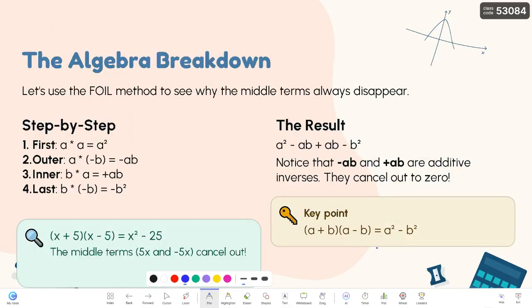Here is another example, or the steps that explain how we got the answer of a squared minus b squared. As I mentioned before, if we use one of the methods that we have learned before, we can simply notice that we have two terms that are the same but with two different signs, so they are going to cancel each other. So we're going to be left with the first term squared minus the second one squared.